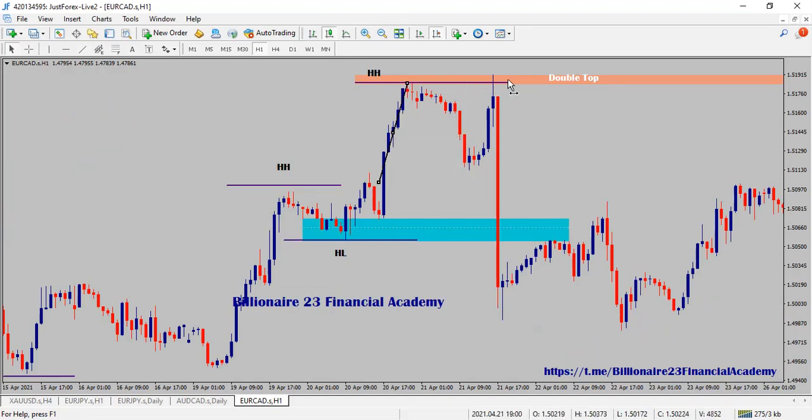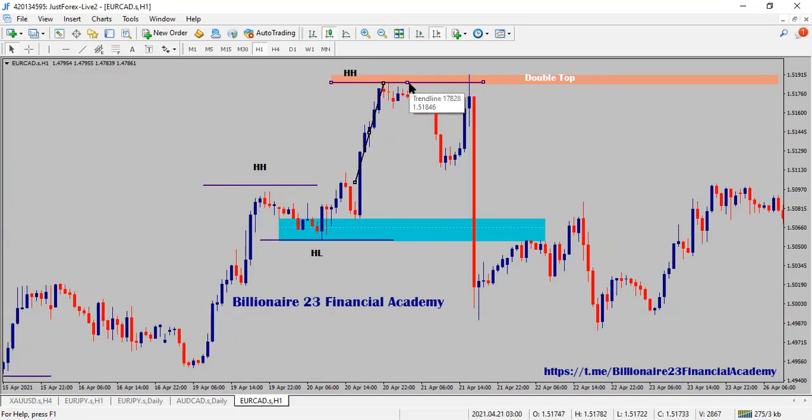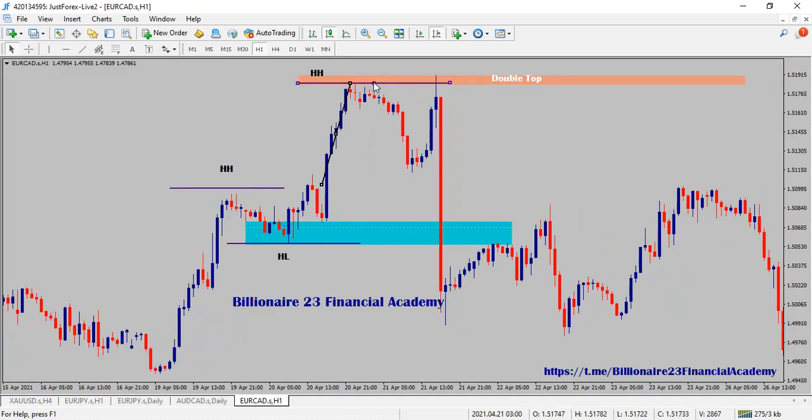I think I'll remove this for now. Just to make a quick example. The M formations won't be perfect, but if you can identify them, that'll help you greatly in identifying the double top.